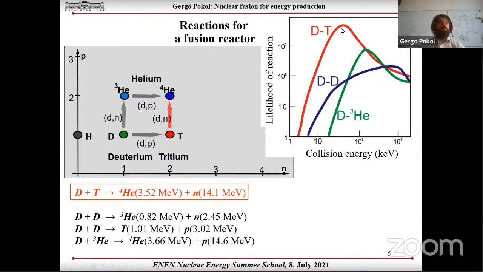If we would like to produce these high collision energies, it does matter, we will see.